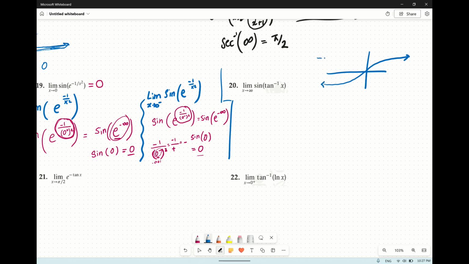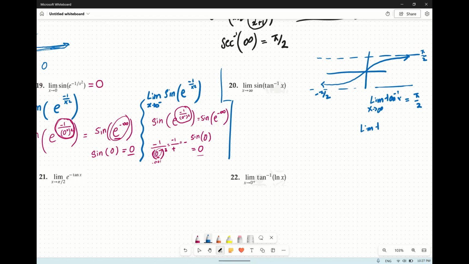Tan inverse has two horizontal asymptotes. As x goes to infinity, tan inverse goes to pi over 2. As x goes to negative infinity, tan inverse goes to negative pi over 2. So you need to know this from the behavior of the tan inverse. So tan inverse as x goes to positive infinity is pi over 2.